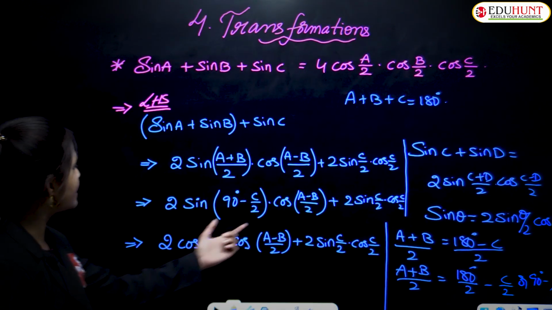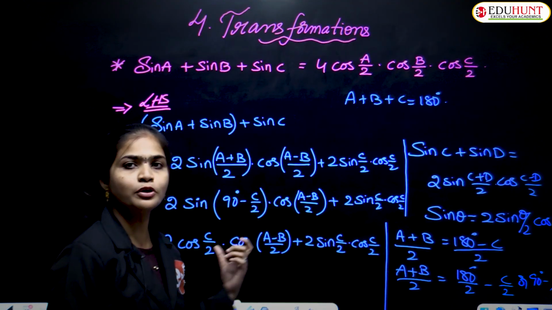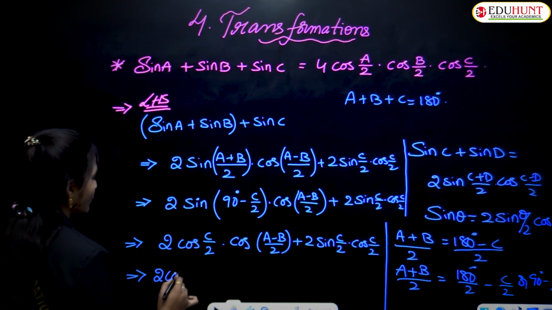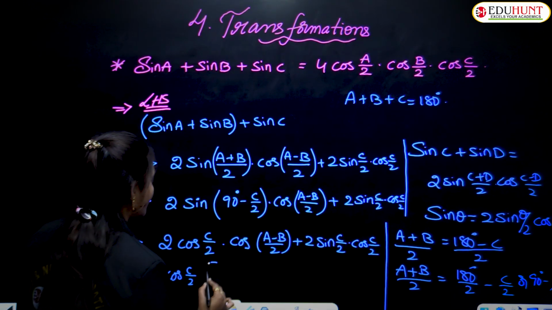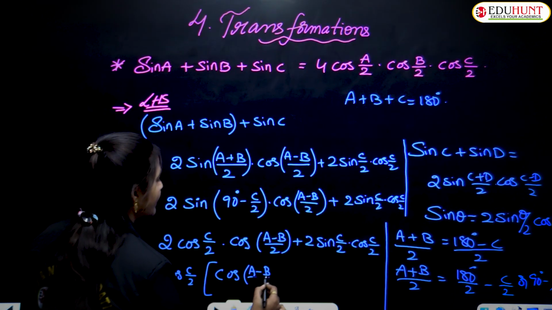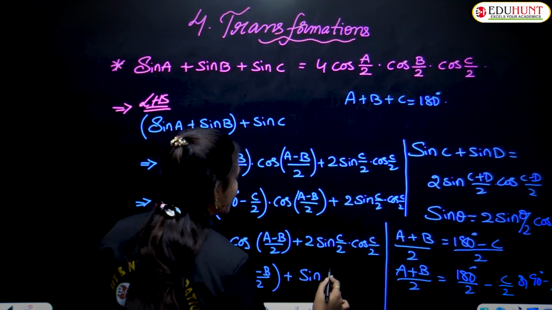From these two terms, cos C by 2 is there in both, and 2 is also common. So take 2 cos C by 2 as common. The leftover is cos of (A minus B) by 2 plus, from the other term, the leftover sin C by 2.